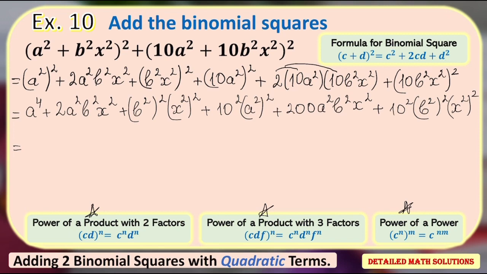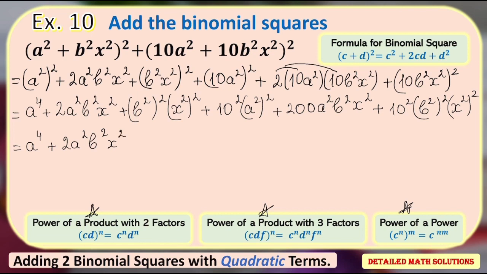When I simplify further and use the rule for power of a power for the remaining terms, I get a to the 4th power plus 2a²b²x².